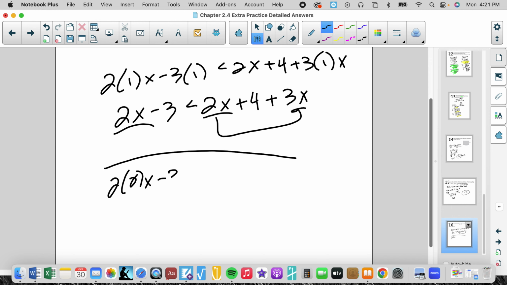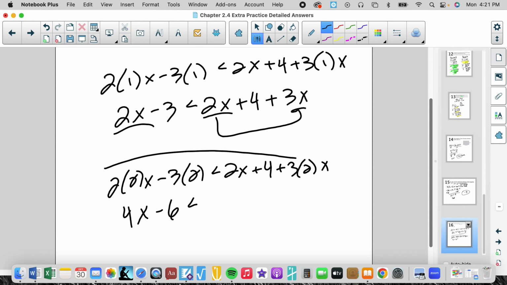That would be x minus 3 times 2 times 2x plus 4 plus 3 times 2x. So that's 4x minus 6. I'm kind of thinking it has to be a negative number, but that's going to be interesting. So that's 2x plus 4 plus 6x, and that's just getting larger. So that was a 3 difference. Yeah, that's a 4 difference.